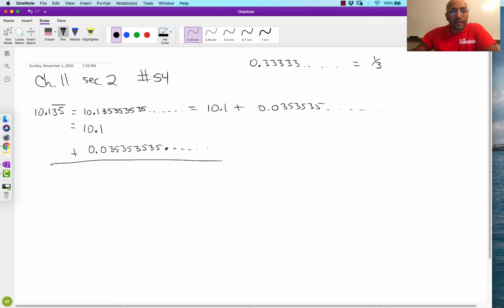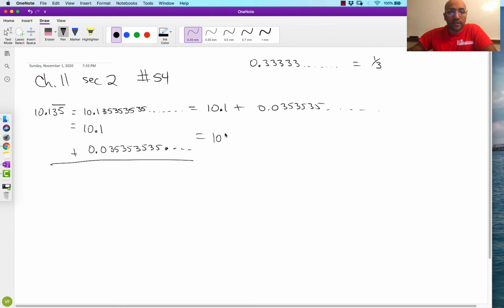So the first one is just a decimal that terminates, right? So this is the interesting part. How do we find a fraction that turns into this decimal? That's what we want to work with. Now what I want to do is further separate this in the following way. I'm going to work with this side, and then we'll come back and glue them all together, right? So this is going to be equal to 10.1.